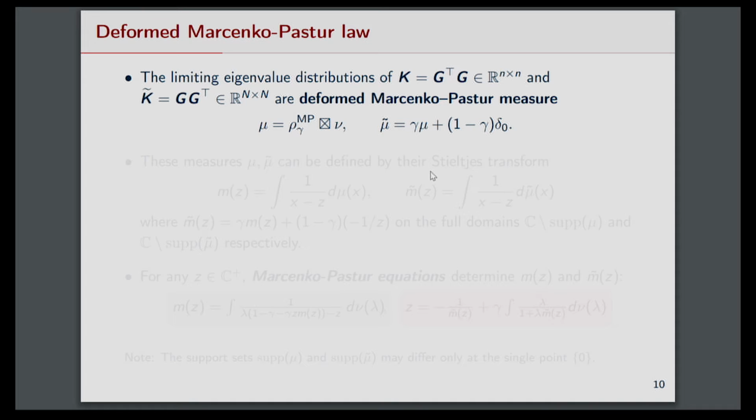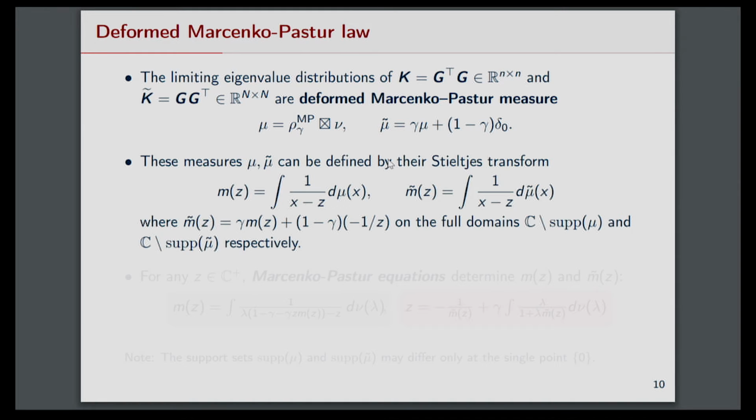As I mentioned before, we need to understand the limiting eigenvalue distributions for K and K tilde. I define these as mu and mu tilde, since these two differ only by some mass at 0, so we can quantify the relation very easily. It turns out we can use the Stieltjes transform to analyze the limiting eigenvalue distributions of mu and mu tilde, and I define m and m tilde as the corresponding Stieltjes transforms.